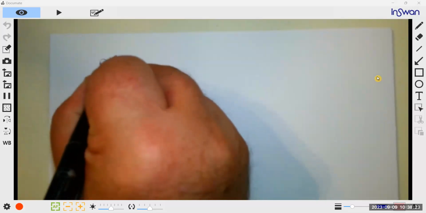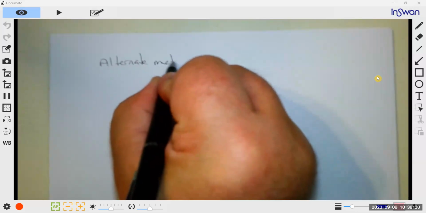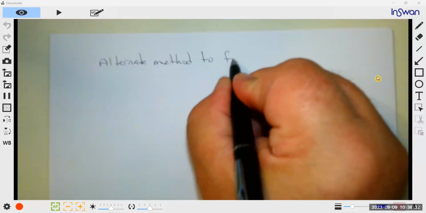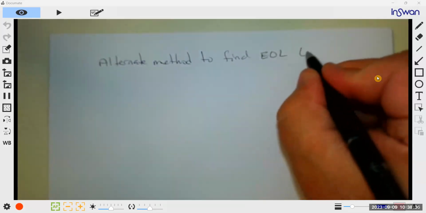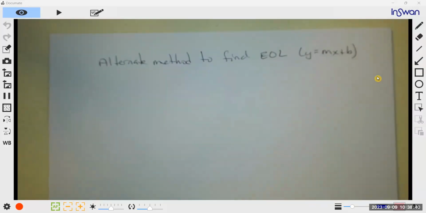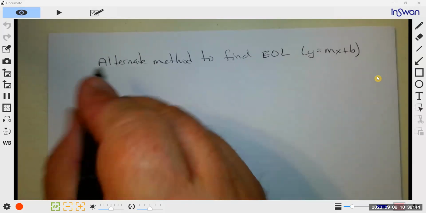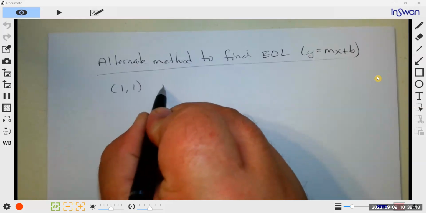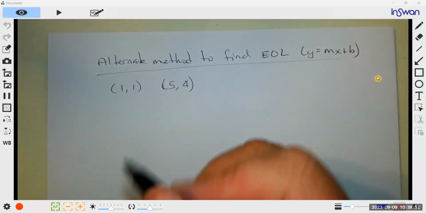Here's an alternate method to find the equation of the line, y equals mx plus b, given 2 points.